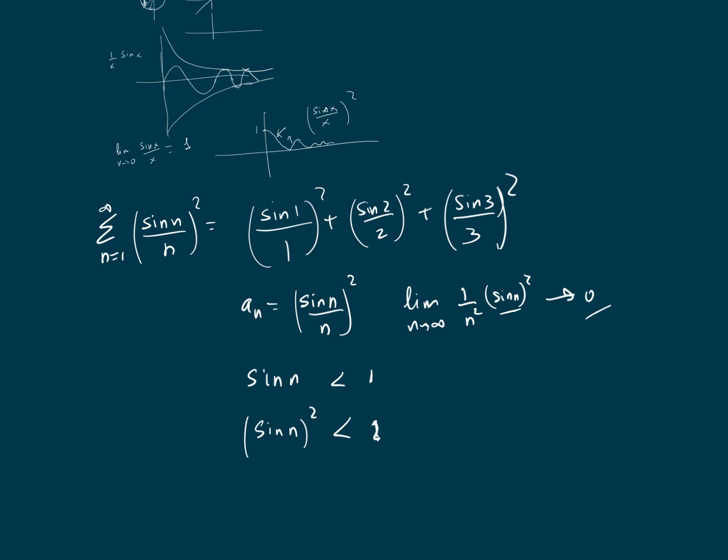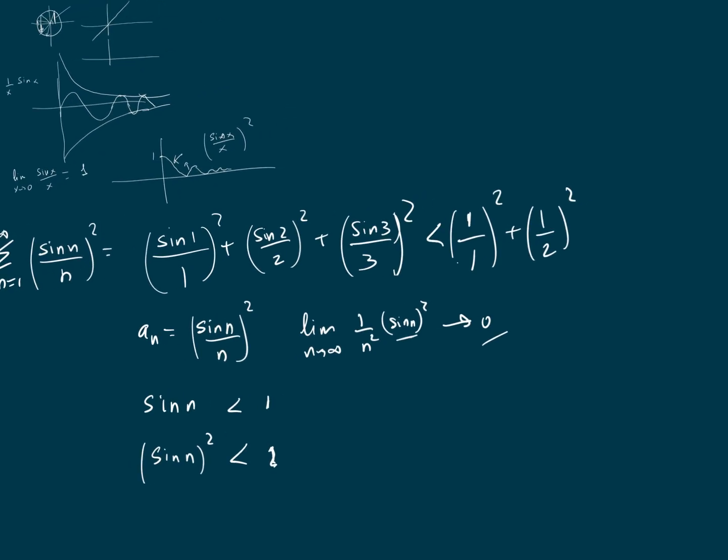So this is smaller than 1 divided by 1 squared, plus 1 divided by 2 squared, plus 1 divided by 3 squared, plus 1 divided by 4 squared.